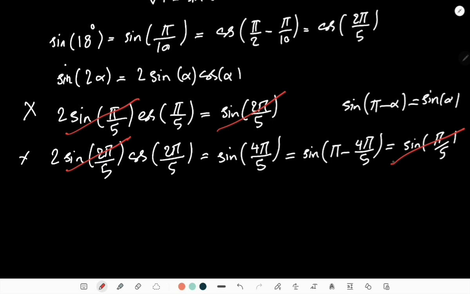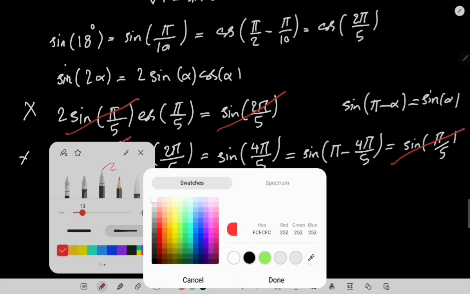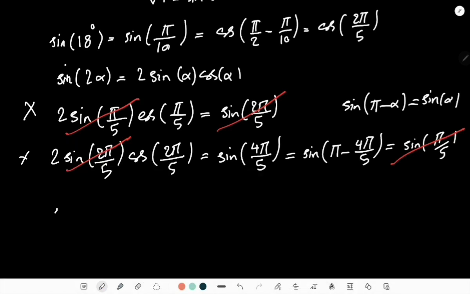So in other words, I can write the equation as 2 times 2 cosine of pi over 5 times cosine of 2 pi over 5.